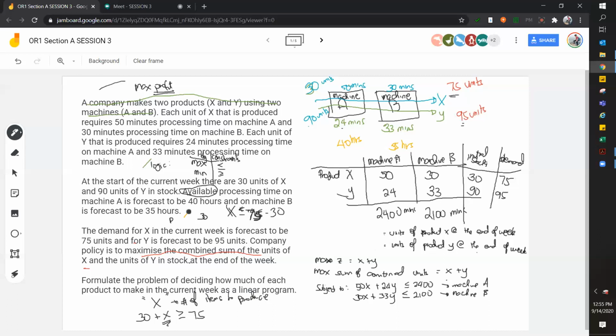Ito guys, pag nilagay natin, if I return X as the number of units to produce, yung remaining stocks plus yung ipaprocess ko, yung dadaan dito sa machine kasi X yun, that results sa 75. Kailangan ba saktong 75 or kailangan may palabis sa 75? Or kailangan kulang sa 75?